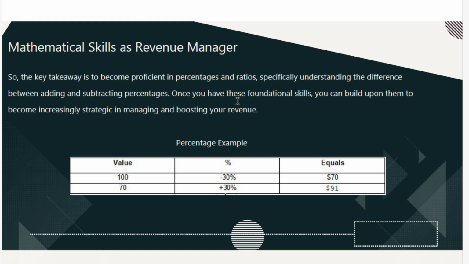So you have to be careful when someone is asking you for a certain discount or negotiating with you to have a deal with certain discounts or ratios. You have to be very careful when calculating and confirming the percentage you are going to offer.